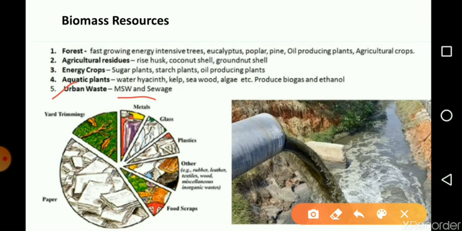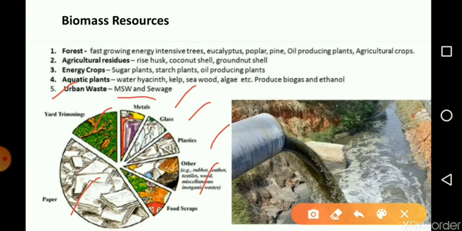So the municipal waste can be bifurcated into two parts, one consisting of dry waste and another consisting of wet waste. This dry waste consists of paper, yard trimmings, all the metals which can be separated, glass, plastic, and all the other forms like rubber, leather, textile, wood, and all the miscellaneous waste.